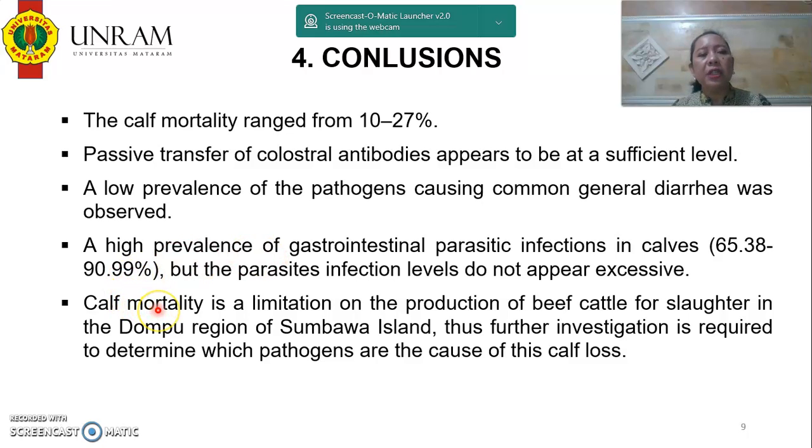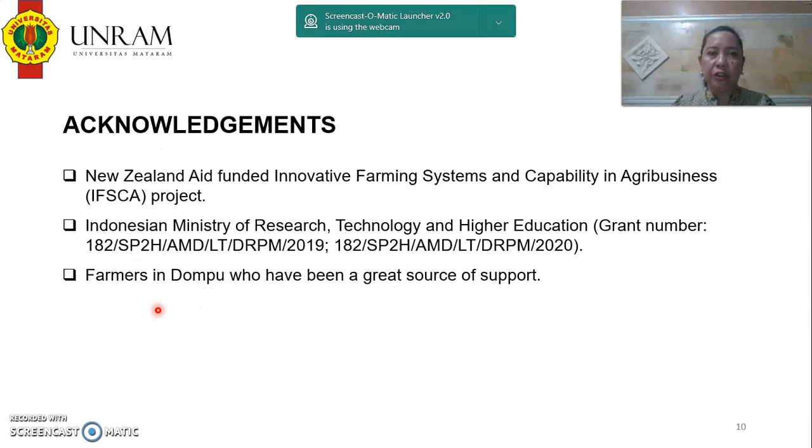So calf mortality is a limitation on the production of beef cattle for slaughter in the Dompu region of Sumbawa Island. Thus, further investigation is required to determine which pathogens are the cause of this calf loss.